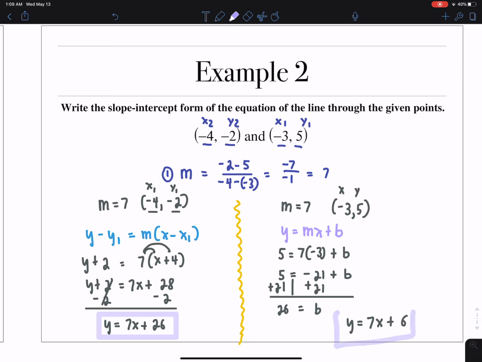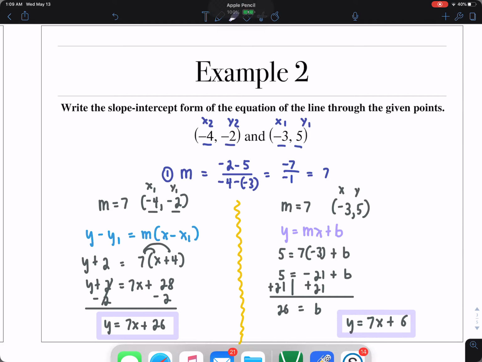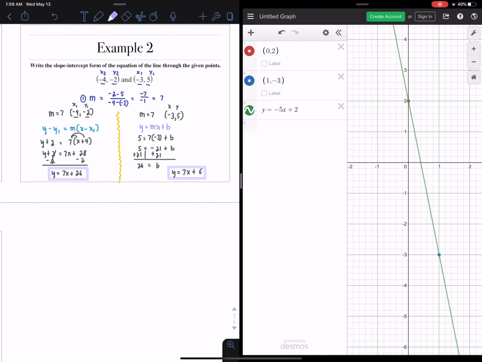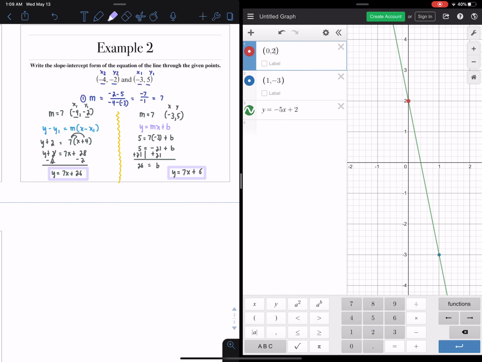And then just double checking. We'll just use Desmos this time to double check. So our points in this case are negative 4, negative 2, and negative 3, 5.